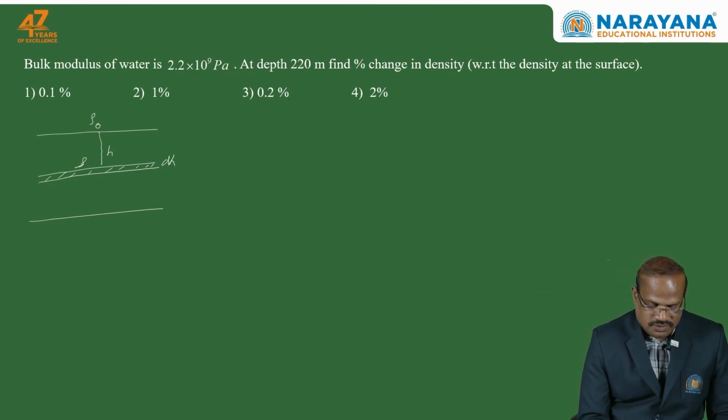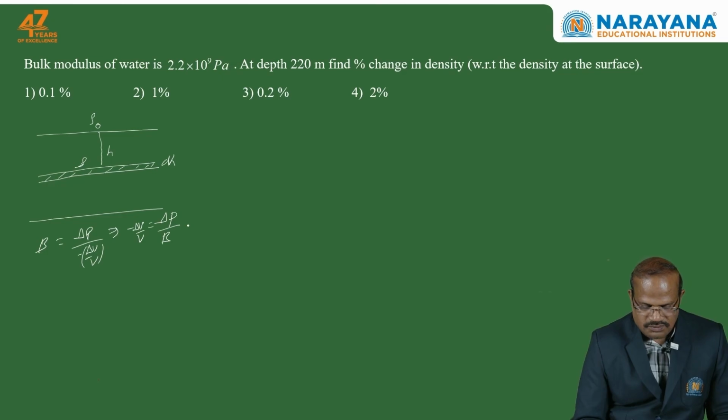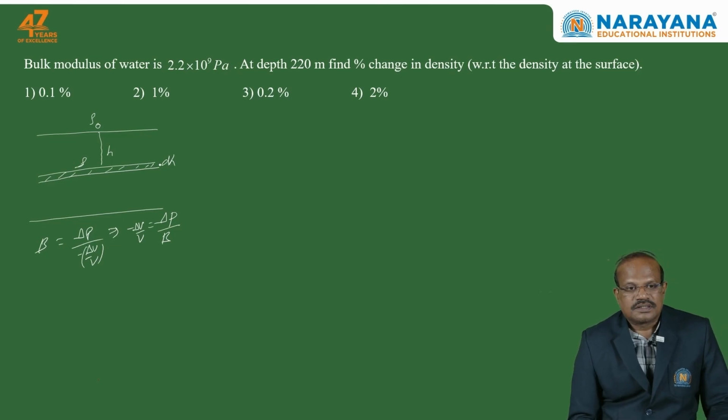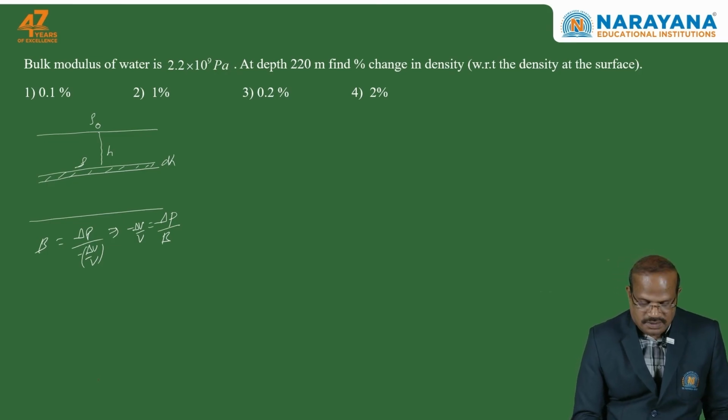From the formula of bulk modulus, B equals delta P by minus delta V by V. So minus delta V by V equals delta P by B, where delta P is the change in pressure in that layer of thickness dH.